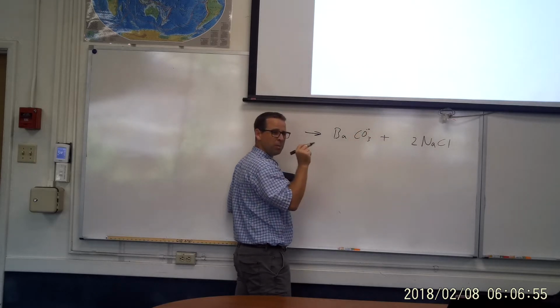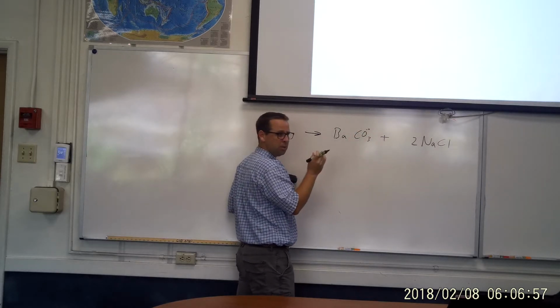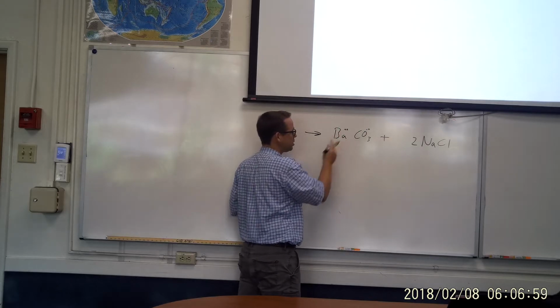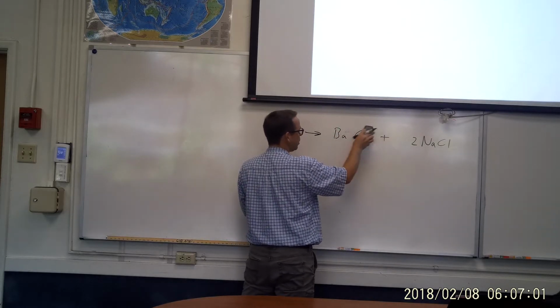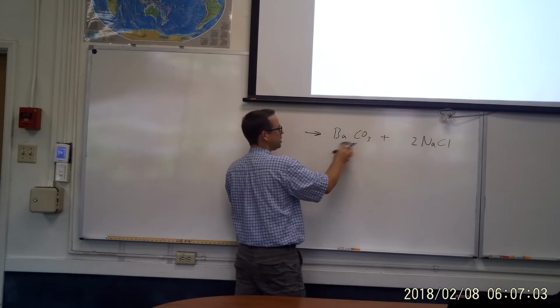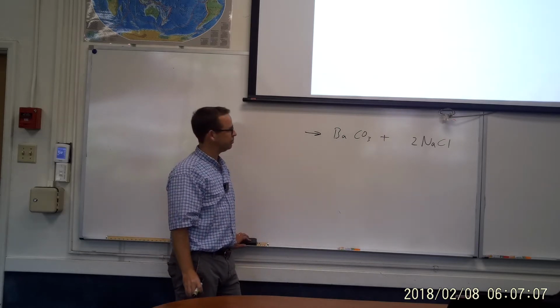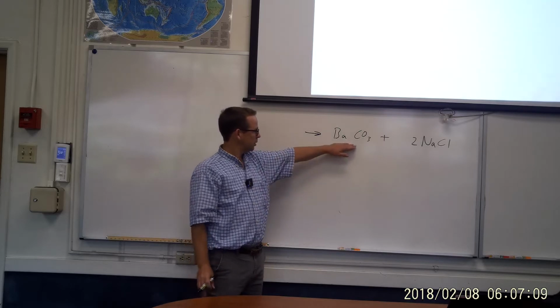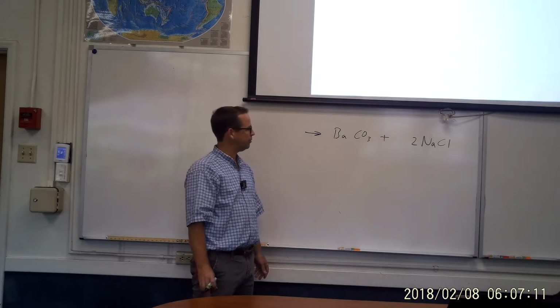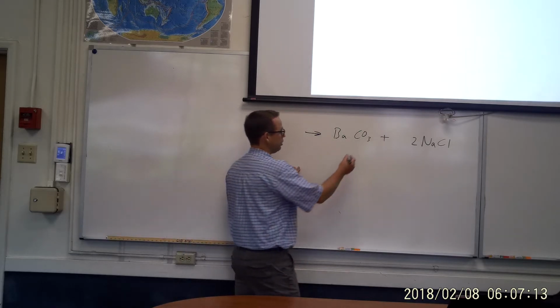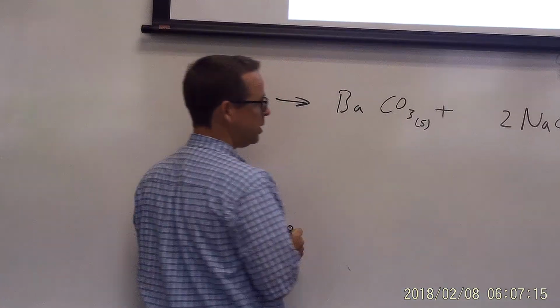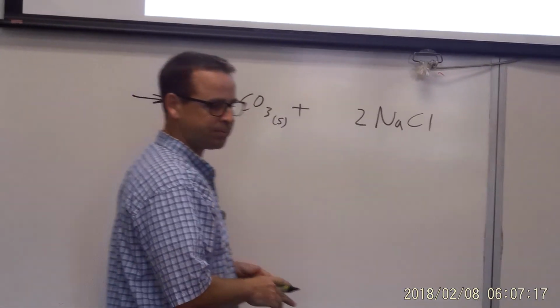I write it really small because they're going to be coming together, so they're not going to be really there. And this is a +2. And then I see that's going to be a 1-to-1 ratio. So I can just erase them and say that's the compound that's going to be formed in this combination here. Okay? And then I can look at my solubility rules and see that this one is insoluble.